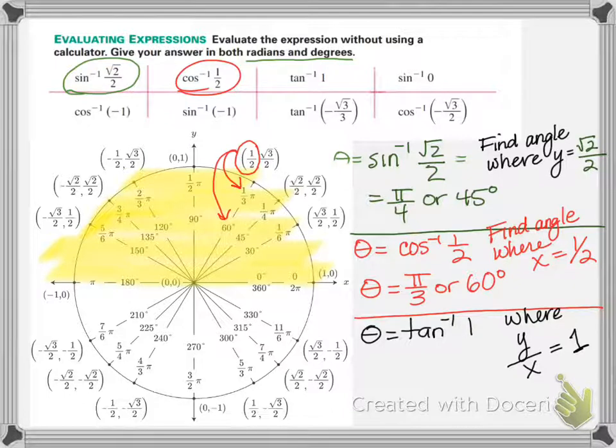So tan inverse, where is that located? Do you remember where to shade? All right, tangent is shaded on this side. So where is it going to give us a positive 1? Where, when we divide y and x, do we get a 1?